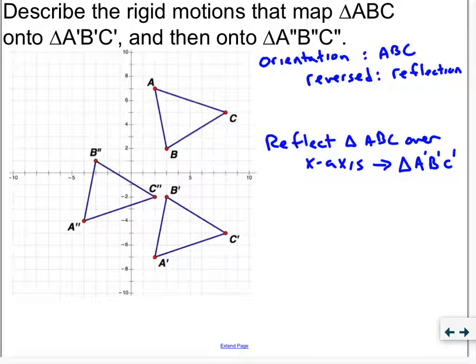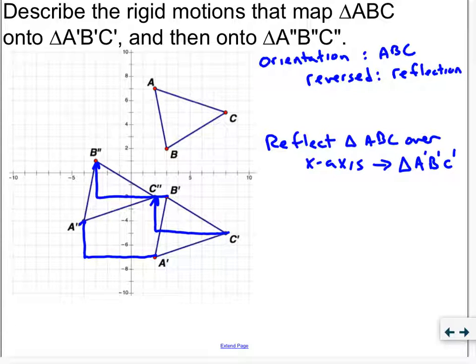Now let's go from that triangle to the next one as well. The orientation is consistent between them, so you can kind of tell that there's a translation going on. So maybe if I go over to the left 1, 2, 3, 4, 5, 6 boxes, and then up 3, it seems like that's going to be the way to go on each of these: left 6 and up 3.